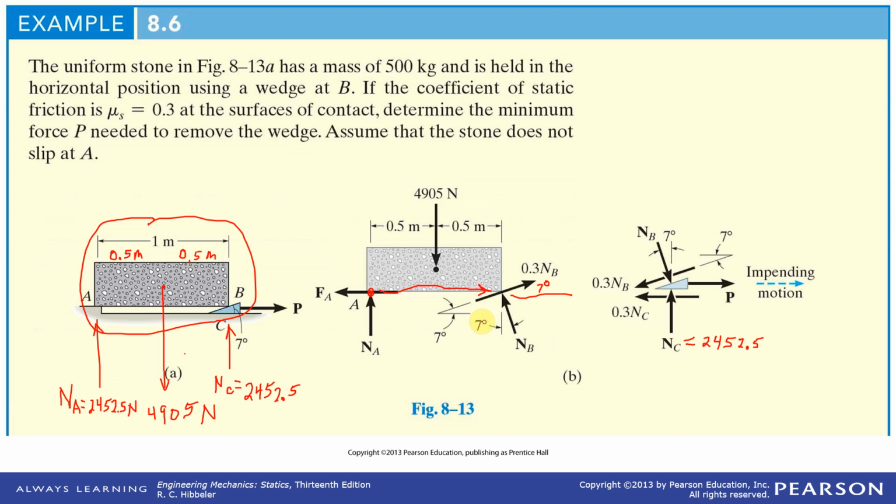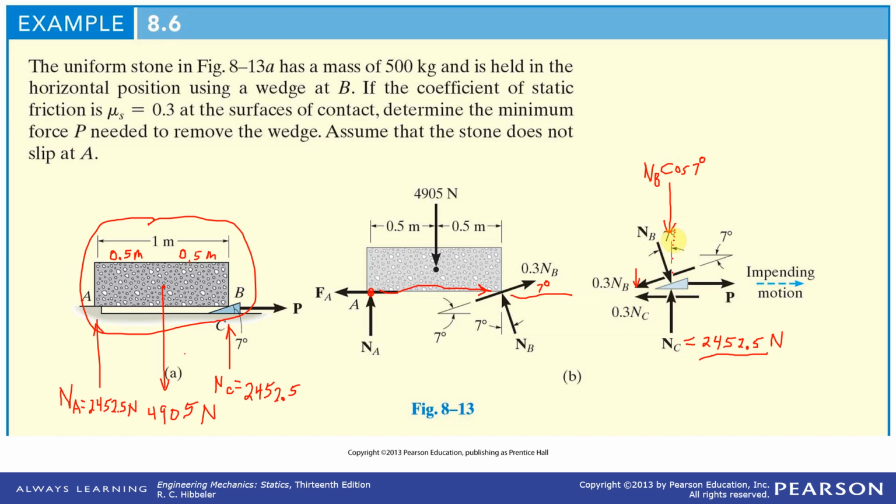Let's think about it. In the y direction, we have N3 acting up. That's why we needed this number earlier. NB, that's the 2383 cosine 7 degrees, acting down. We will have a 0.3 NB sine 7 degrees, acting down also.